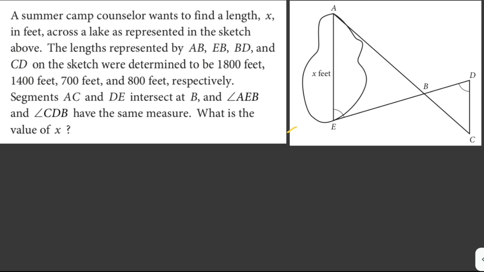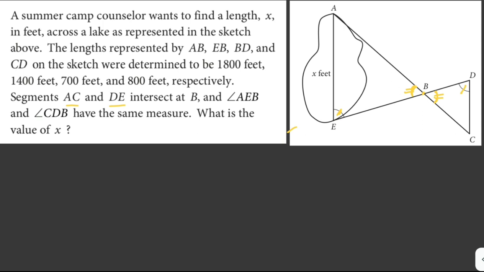So it is given here that angle AEB, this angle here, and angle CDB are congruent, have the same measure. Since angle ABE and angle CBD are vertical angles, because it says here that AC and DE intersect at point B, therefore this angle here is also congruent to this angle.